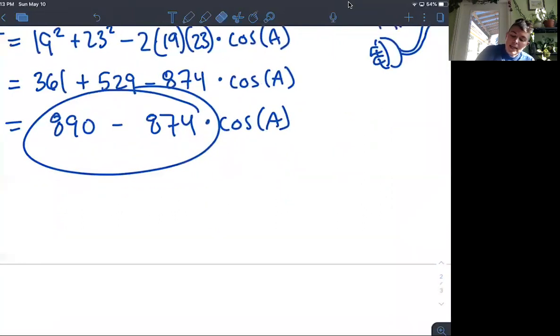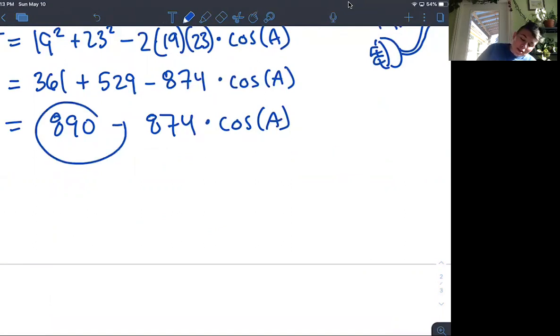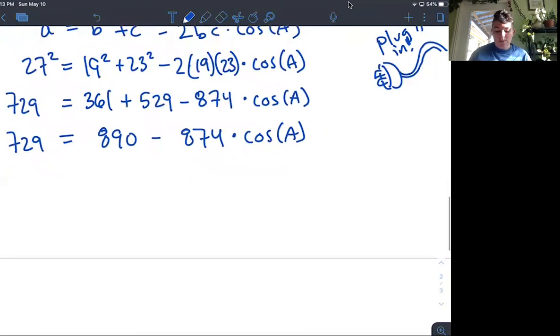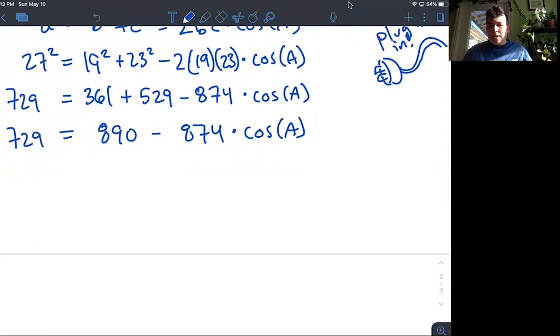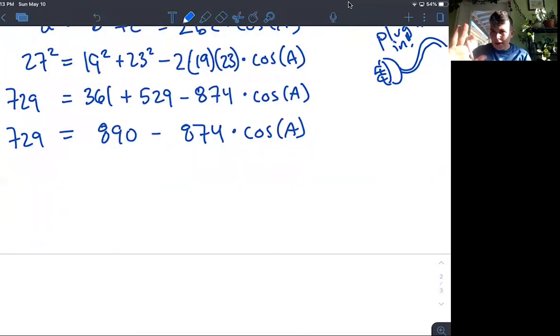I can't subtract those because this 874 is attached to that cosine of A with multiplication. Anytime something is attached with multiplication, the only way I can move it out of there is to divide it out. But you don't want to divide now. You want to move this first, and then we can divide. I know some of y'all are going to pounce and be like, let's just keep minusing. Think about your algebra, reflect, go slowly.